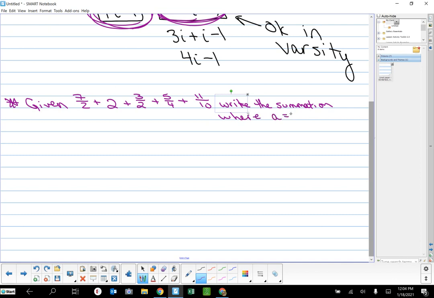Where A equals 1. All right, so here's where I had a little bit of a benefit because I've done these enough that I can kind of think outside the box. And you have to think, when you have fractions, you need to consider that you may have reduced fractions.